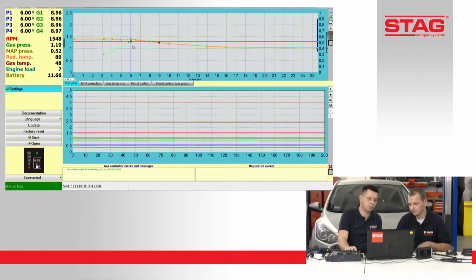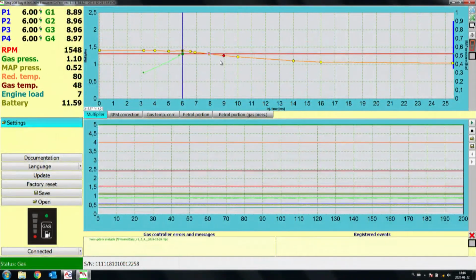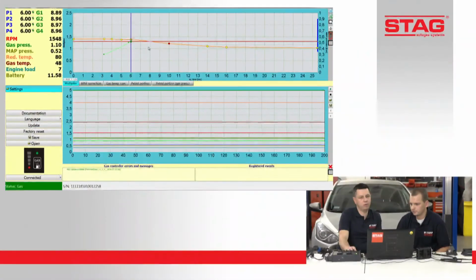You can check what is happening with 6 milliseconds, with 7, 8, 9, 10, etc. Or if you set the proper values of the injection time, you can easily erase the dots. You can mark that dot, press the delete button, and then you have a smaller amount of points on the multiplier line.